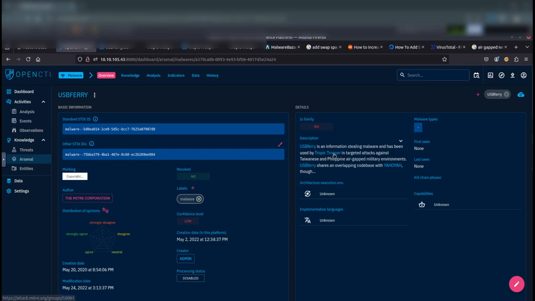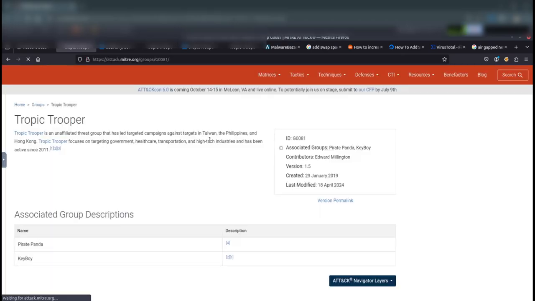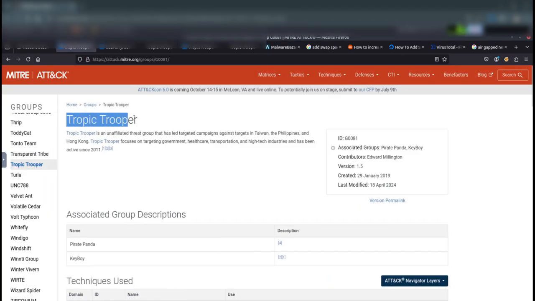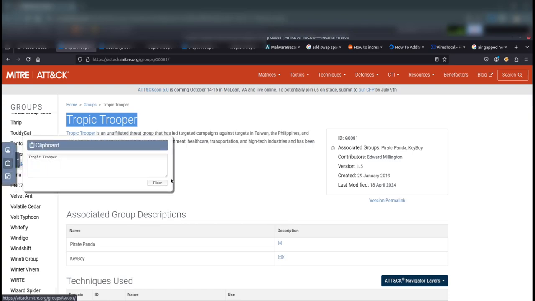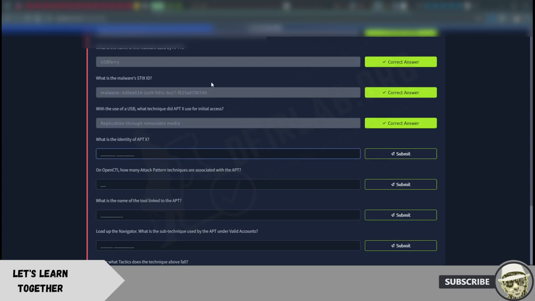Used by Tropic Trooper, is an unclassified threat group that has targeted campaigns against targets in Taiwan, Philippines and Hong Kong. Let me see if this is the case. Yes.